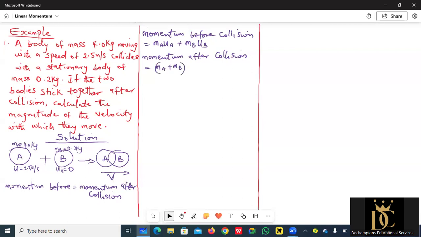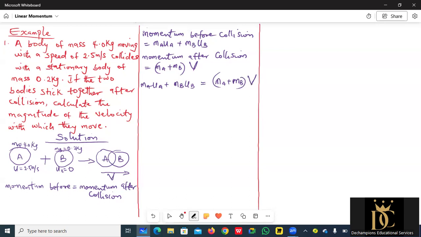But since the two stick together, they move with a common velocity represented using capital V. So our equation now will be linear momentum before collision, MA UA plus MB UB, is equal to MA plus MB, then with the common velocity.